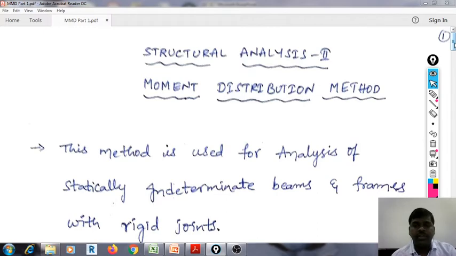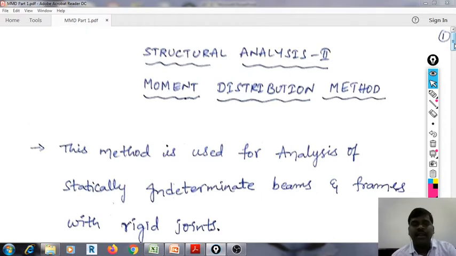The moment distribution method is a type of analysis method for indeterminate structures, say beams or also frames. In Structural Analysis 1, we have done the analysis of indeterminate beams and frames by using the slope deflection method.